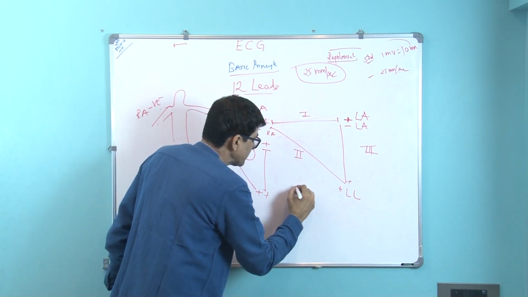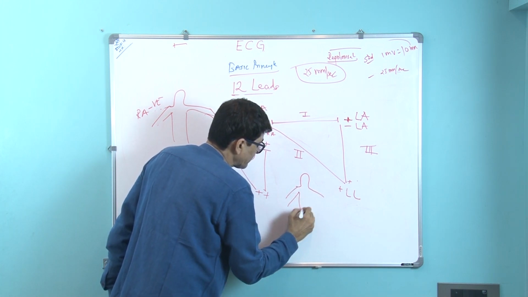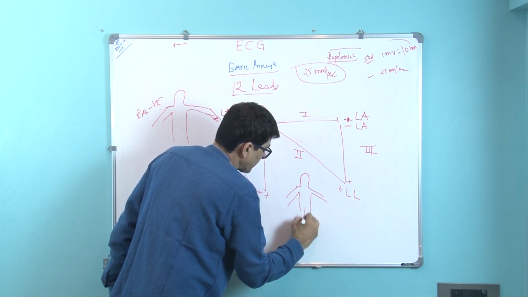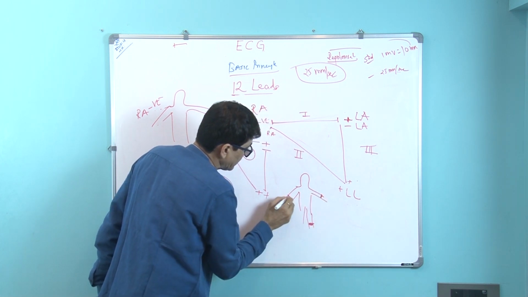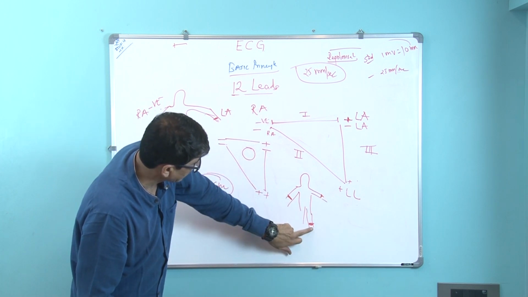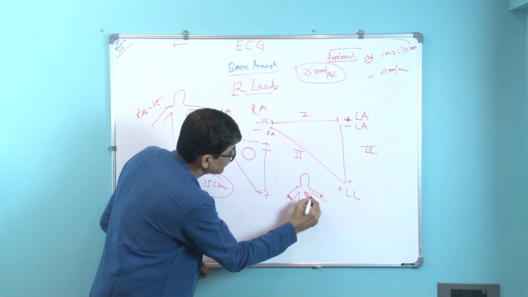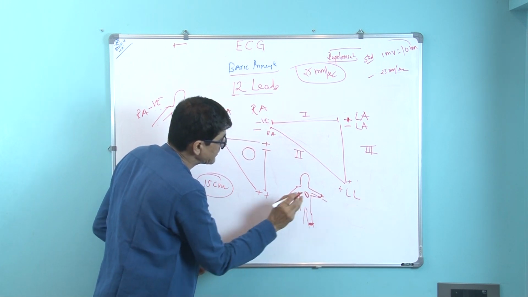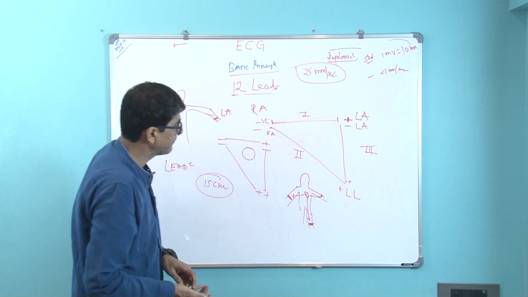Suppose this is the right arm lead, this is the left arm lead, this is the left leg lead and the heart is here. This is more than 15 centimeters distance, this is also more than 15 and this is also more than 15.